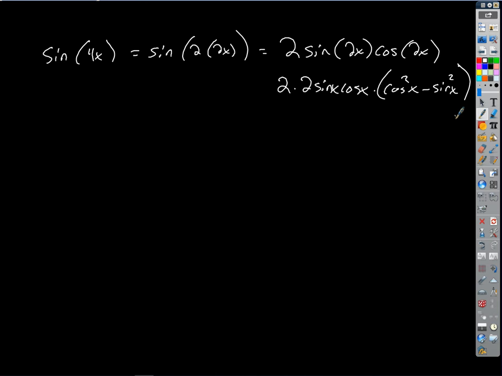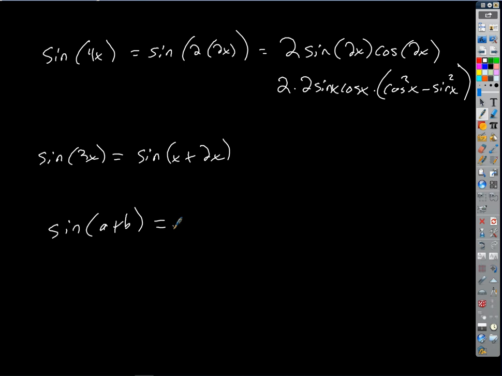If you did something like sine 3x, you would just write that as sine of x plus 2x, and you'd have to use this one, right? Sine of a plus b. You guys remember that one from last year? I always have to kind of think my way through it.